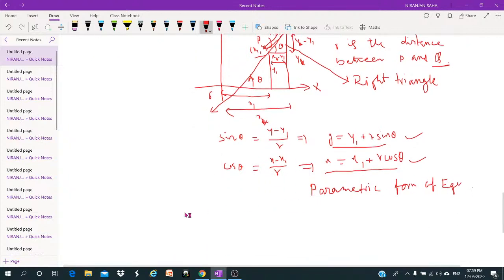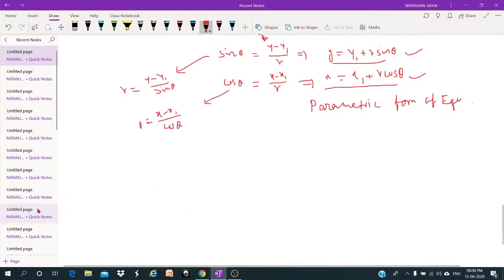In the distance form, we can find out from it what r will be equal to. You can write: r will be equal to y minus y1 by sine theta, and r is equal to x minus x1 by cos theta. So both are equal to r.